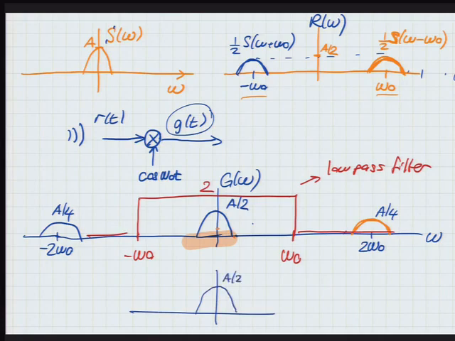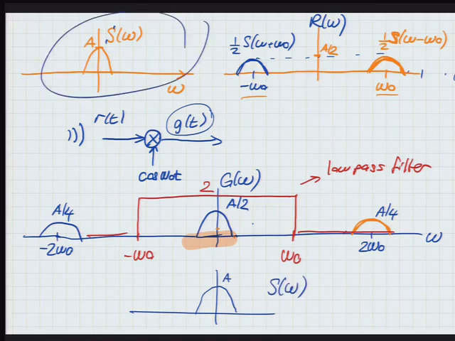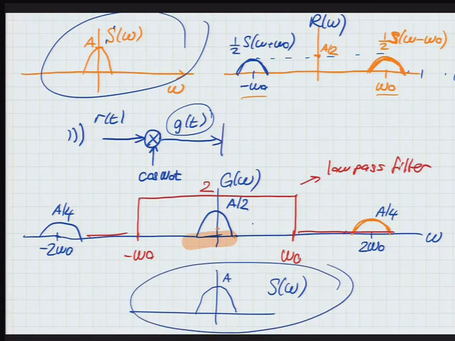With that gain, it also fixes the reduction by division by 2, so I get the same thing as S of omega. So these two will match. So basically the receiver end has to do this multiplication, and also it has to do a low pass filter. And then you recover the signal.